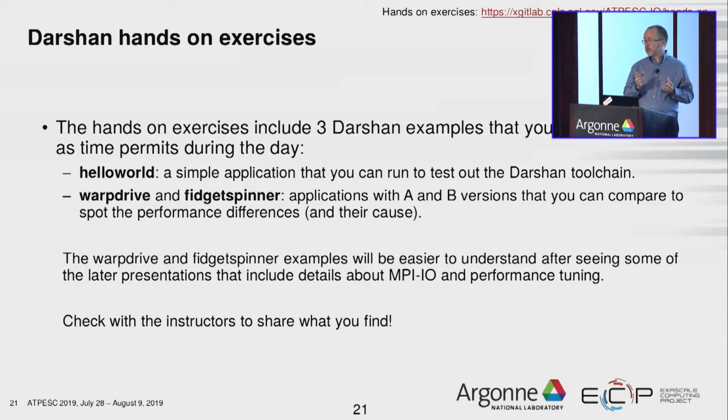And they're doing the same thing. Effectively, they're both doing the same amount of I/O and trying to accomplish the same thing, but either A or B has done it much better than the other one has. And so the idea is to look at the Darshan log and see if you can understand why they're different and what the change is that you would do to get in the faster regime. You can talk to us about these if you want to try them out.